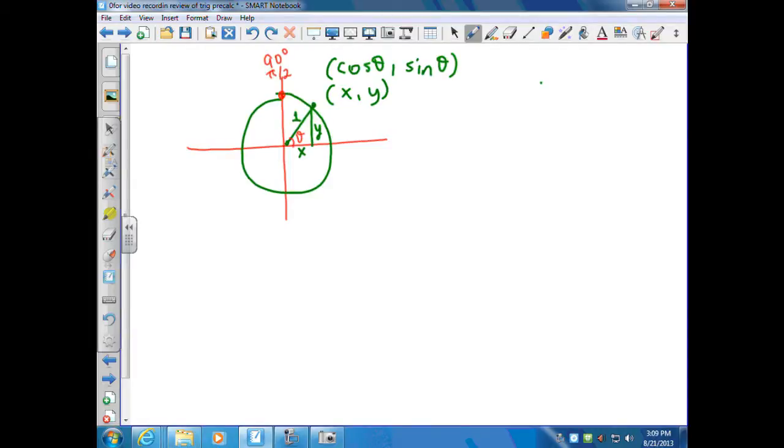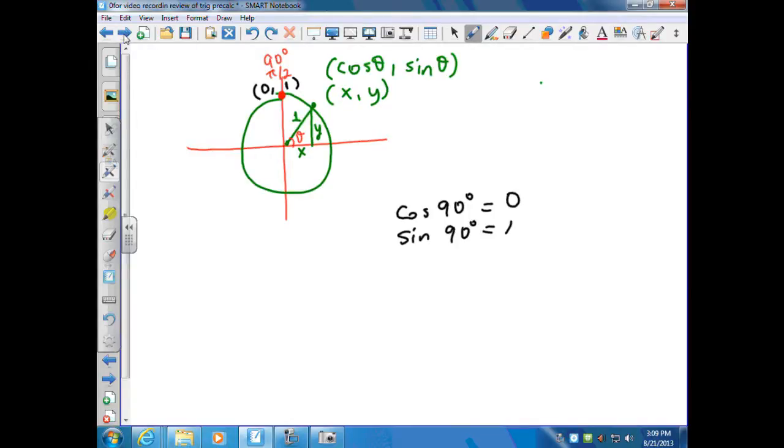What will be the cosine there and what will be the sine? All we have to do is write the coordinates at that point, x comma y. There x is 0, y is 1. So automatically we know cosine of 90 degrees is equal to 0. Sine of 90 degrees is equal to 1.